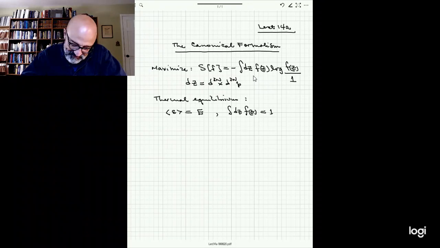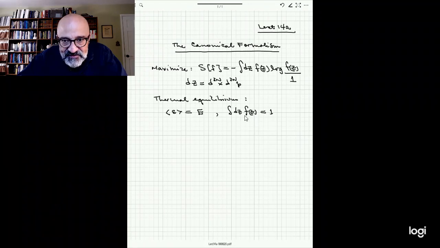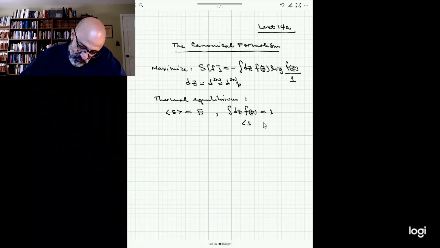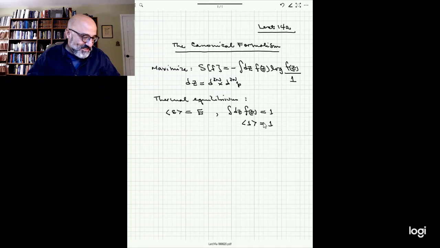A clever way to write an expected value is something like this. A clever way of writing this as an expected value is that, well, if you have a 1 here, the average or the expected value of 1 is 1. That's another way to write normalization.